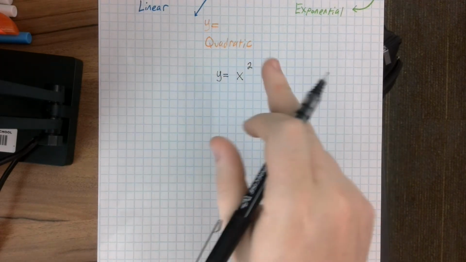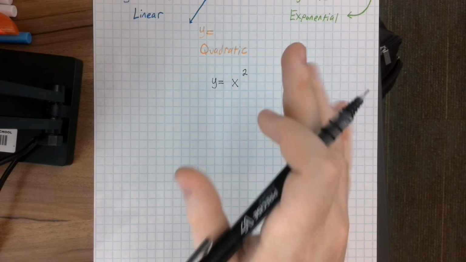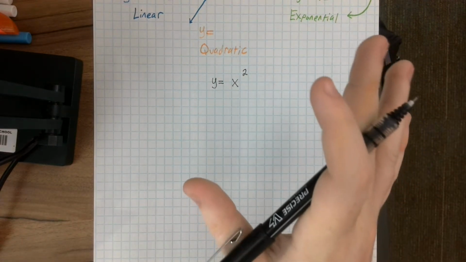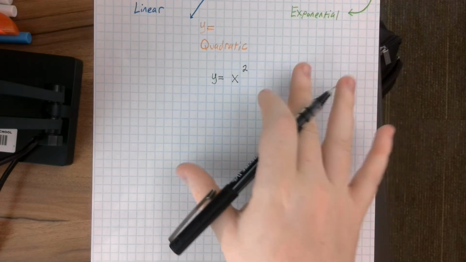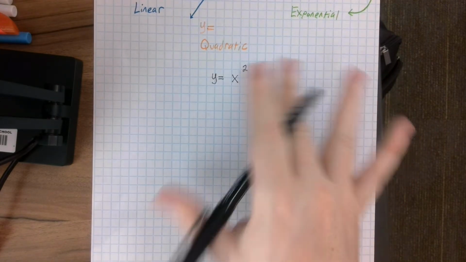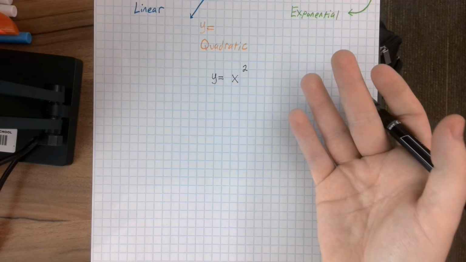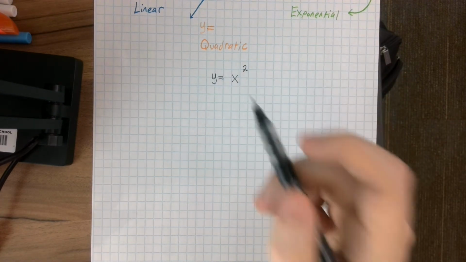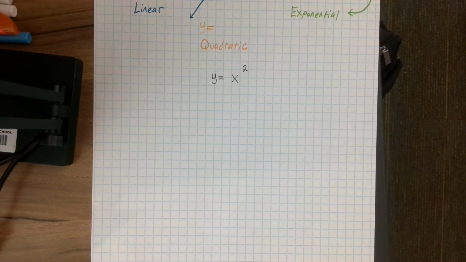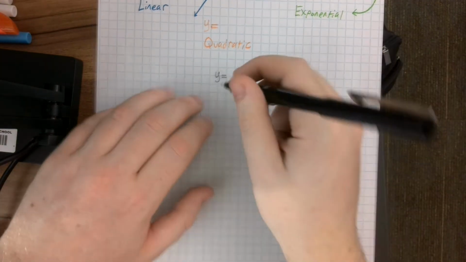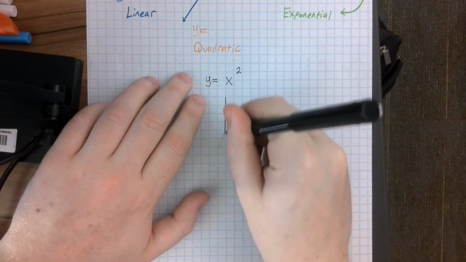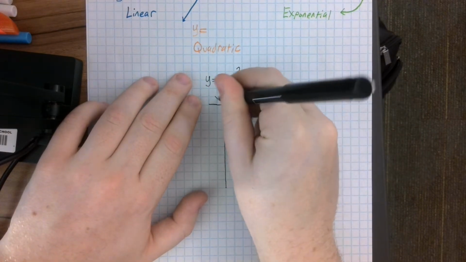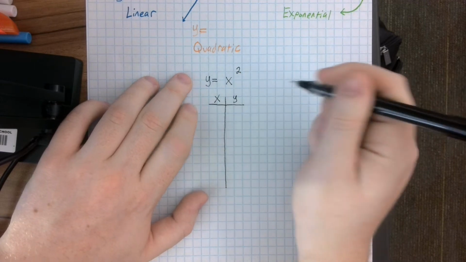You won't be able to pick out a point and then just immediately graph the whole thing. Instead, we have to use a strategy for when we come across an unknown function. The strategy that I always recommend is, anytime you come across a function you don't know what it's going to look like, make a table and figure out what the inputs and outputs will be.